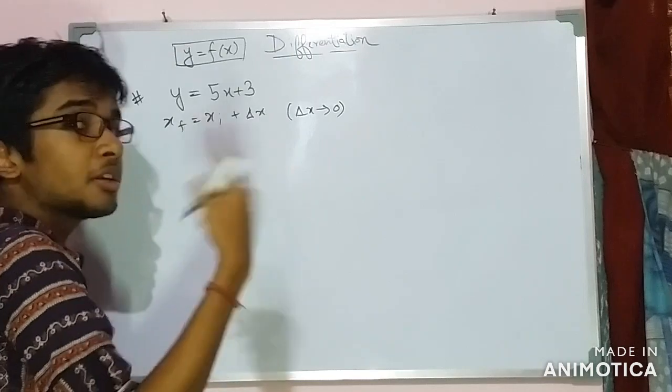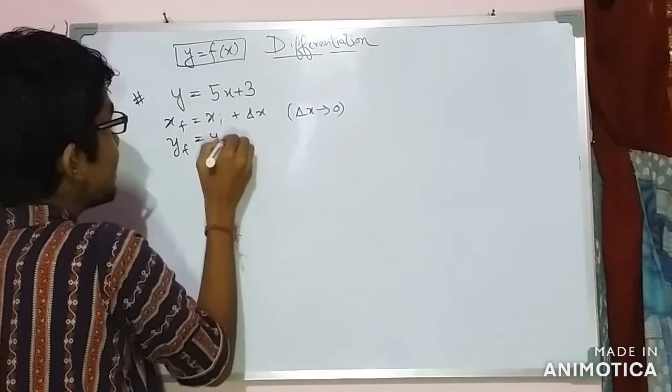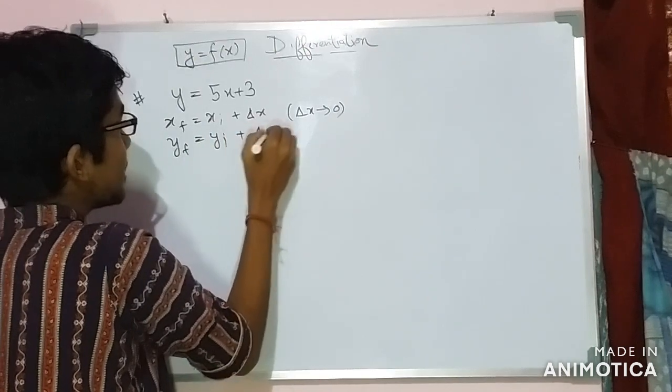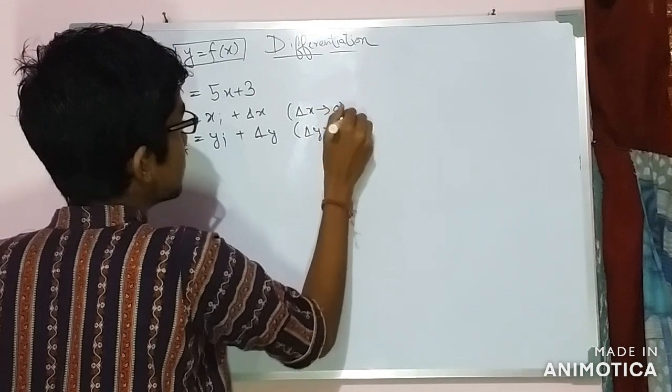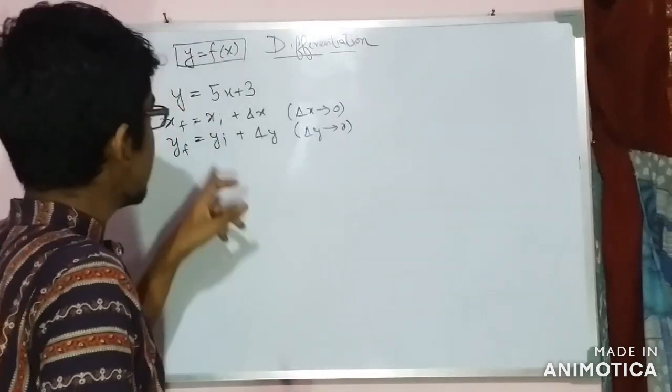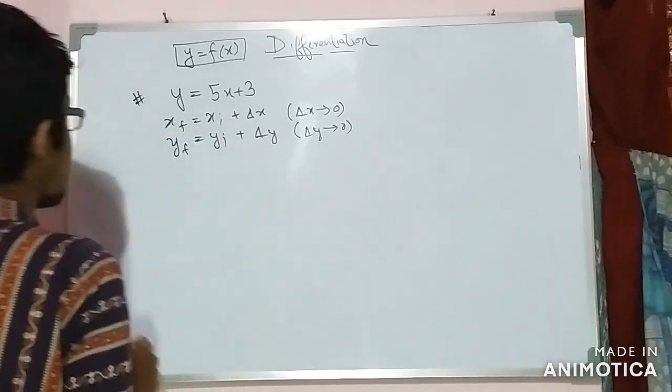So by the same logic you can say that the final value of y will be the initial value of y plus delta y, where delta y tends to 0. So you can write delta y and delta x as dy and dx.